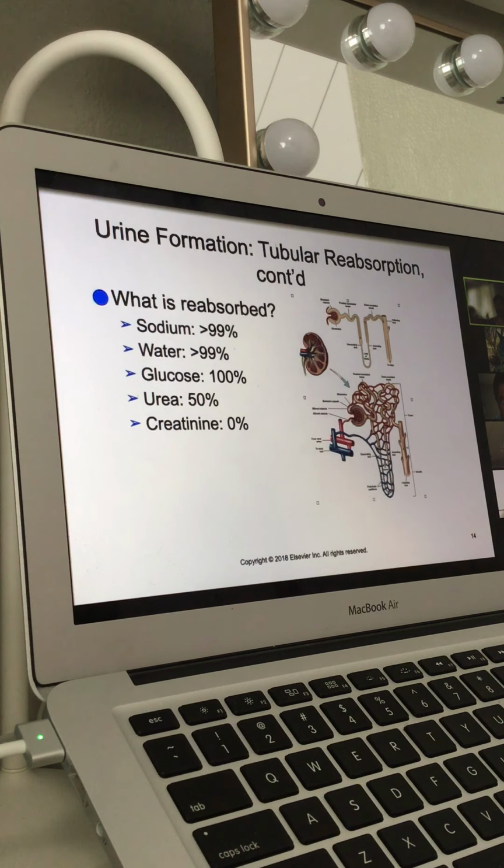If sodium is not reabsorbed, it will be present in the tubules. So what will happen? It will be excreted. If it's going to be excreted, water will always follow sodium and also chloride. So the person will develop diuresis and low blood volume. When you say diuresis, it means frequent urination.